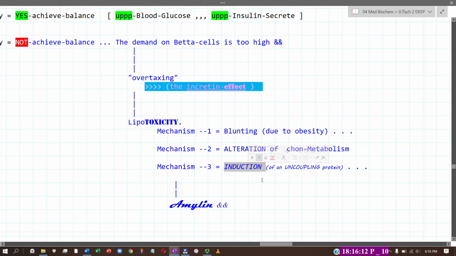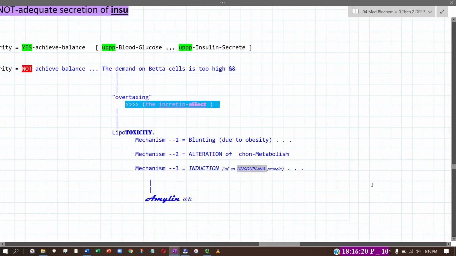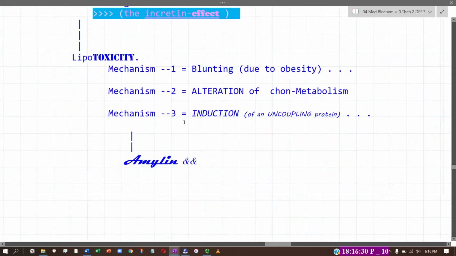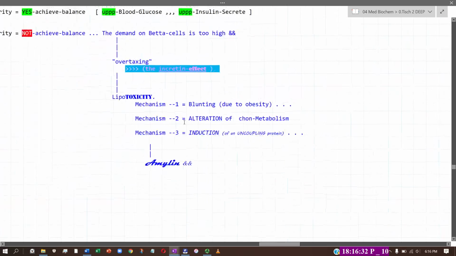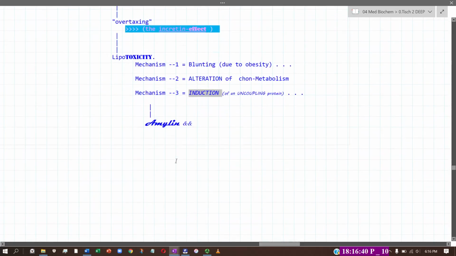And the third mechanism is induction of an uncoupling protein. It would be good to go back and review uncoupling proteins if you're rusty on that. I know I am. So the three mechanisms in summary, using single words, are blunting, alteration, and induction.